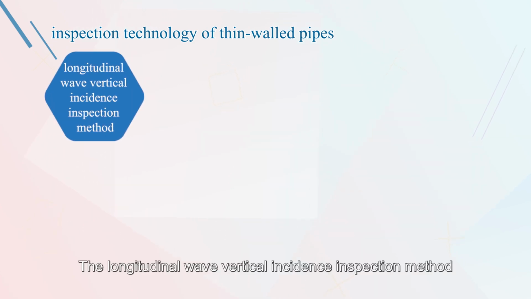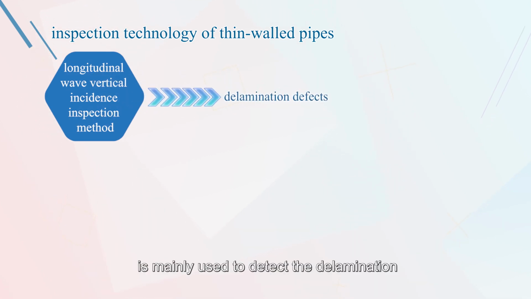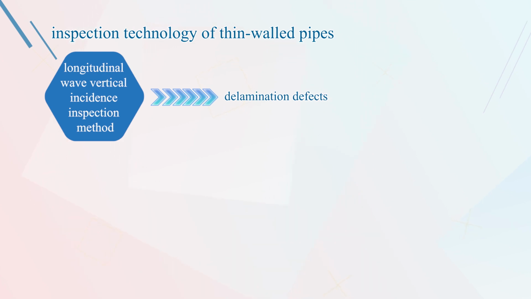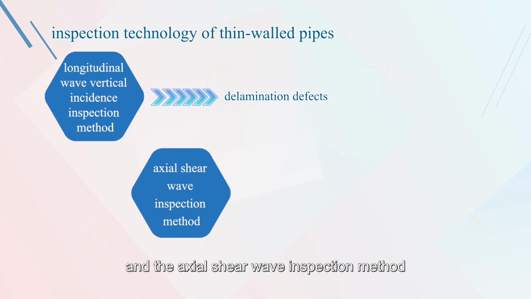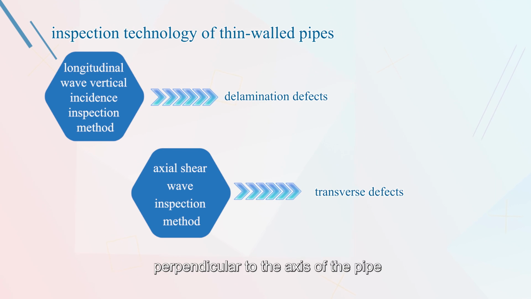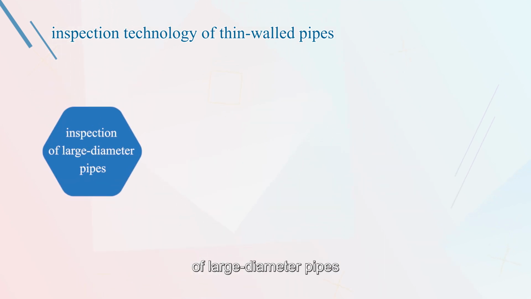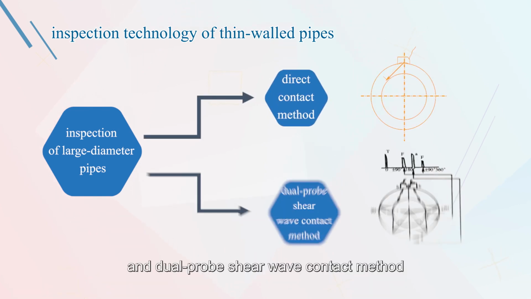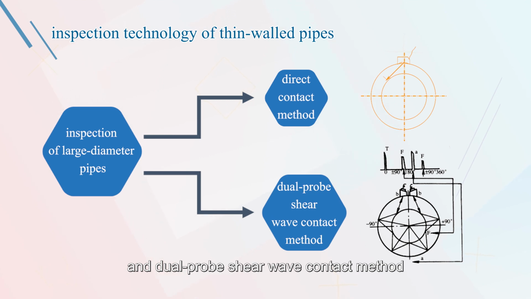The longitudinal wave vertical incidence inspection method is mainly used to detect the delamination defects parallel to the axis of the pipe, and the axial shear wave inspection method is used to detect the transverse defects perpendicular to the axis of the pipe. There are two commonly used methods of circumferential shear wave inspection of large diameter pipes: direct contact method and dual probe shear wave contact method.